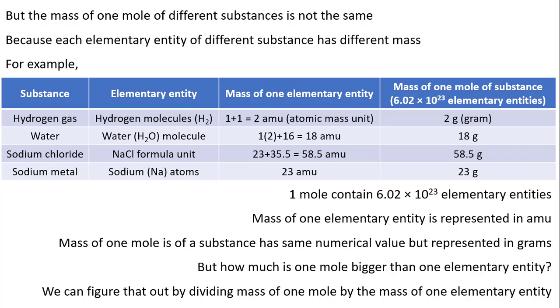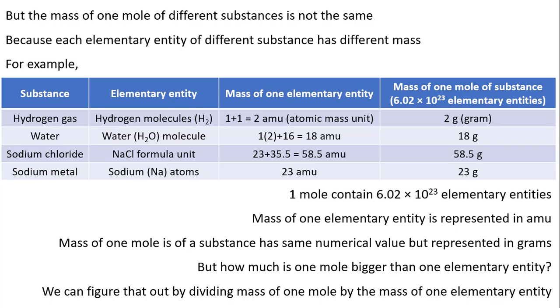For example, if you divide the 2 grams of hydrogen by 2 amu, what's going to happen? We will talk about that. And what would happen if we divide 18 grams by 18 amu? And what would happen if we divide 58.5 grams of sodium chloride by 58.5 amu, and so on.